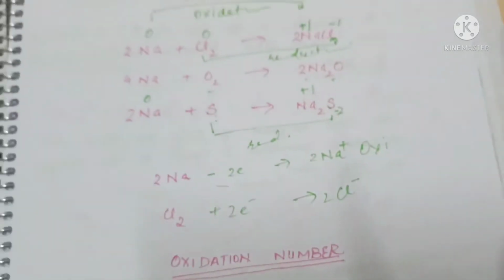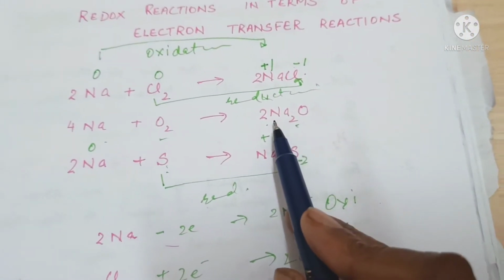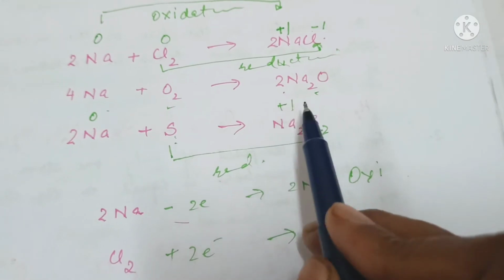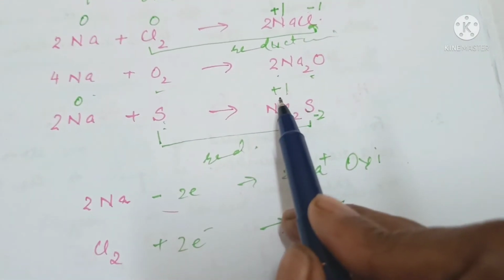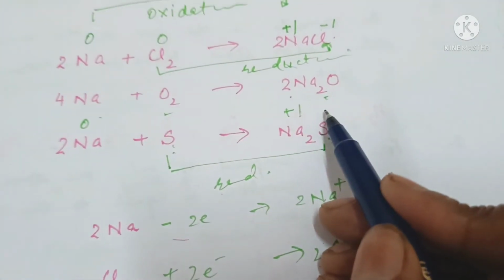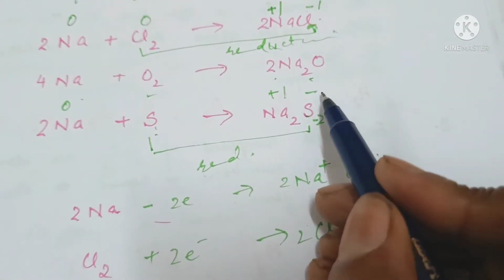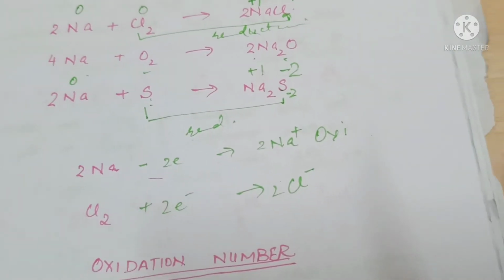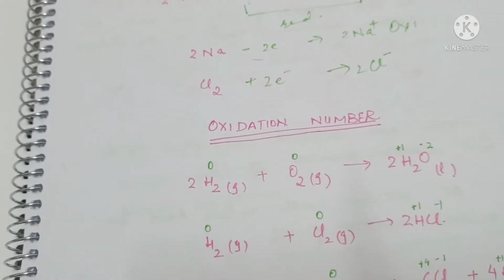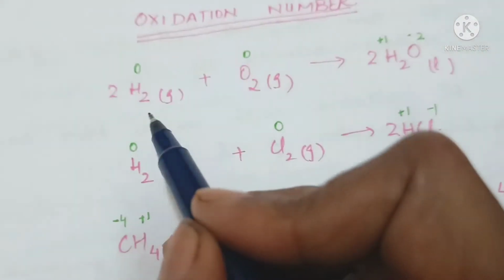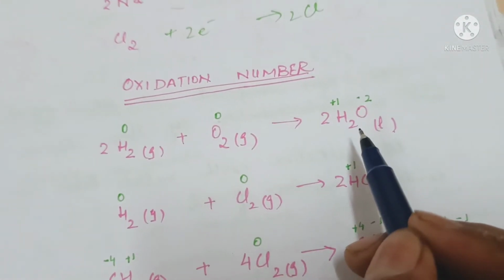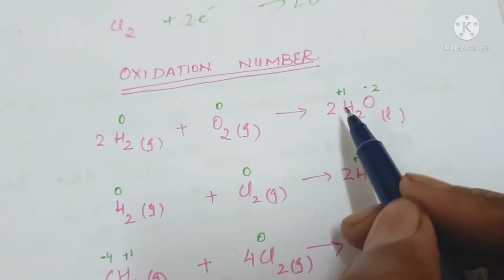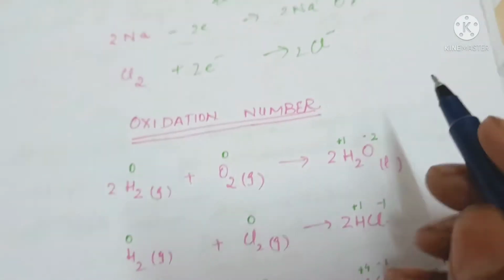Now this is for an ionic compound where we know that the transfer of charge is complete. That is, sodium acquires complete positive charge and sulfur will attain complete negative charge -2. But if we take the example of a covalent compound, water, hydrogen will move to +1 oxidation state, but transfer of charge is not complete.